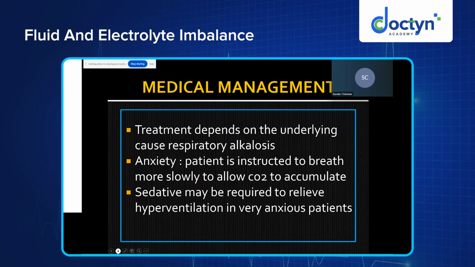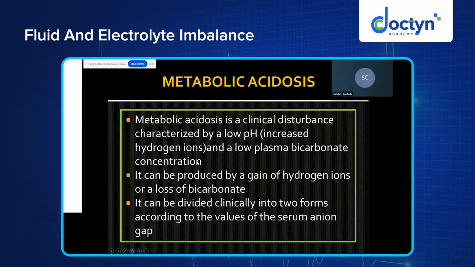Metabolic acidosis is a clinical disturbance characterized by what? Low pH, that is more hydrogen ions, and a low plasma bicarbonate concentration. So it is a gain of hydrogen ions or a loss of bicarbonate, and it can be divided into two forms according to the values of the serum anion gap.